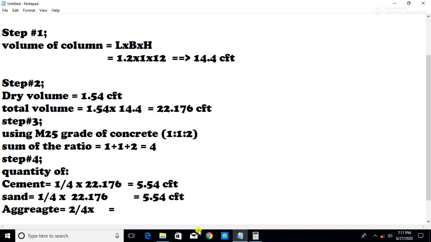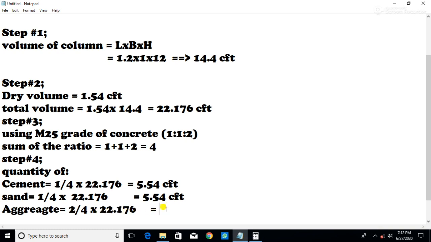So for coarse aggregate, now we have to find the quantity of coarse aggregate. The amount of coarse aggregate in the ratio is 2. Now we will divide 2 by the sum of the ratio, which is 4, and then multiply it with the overall volume, which is 22.176.